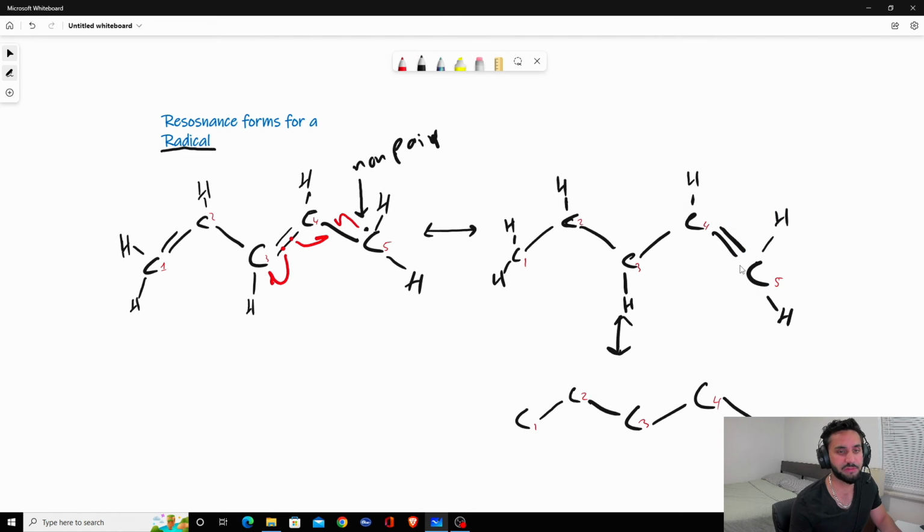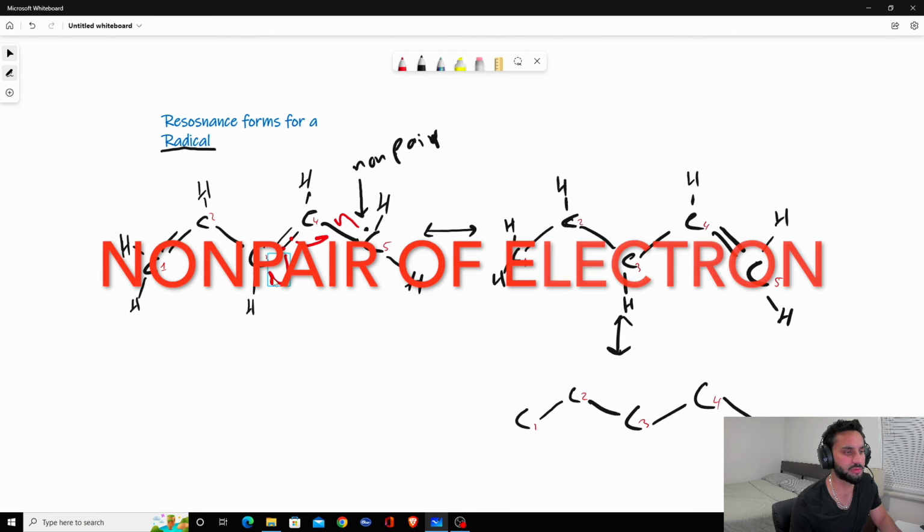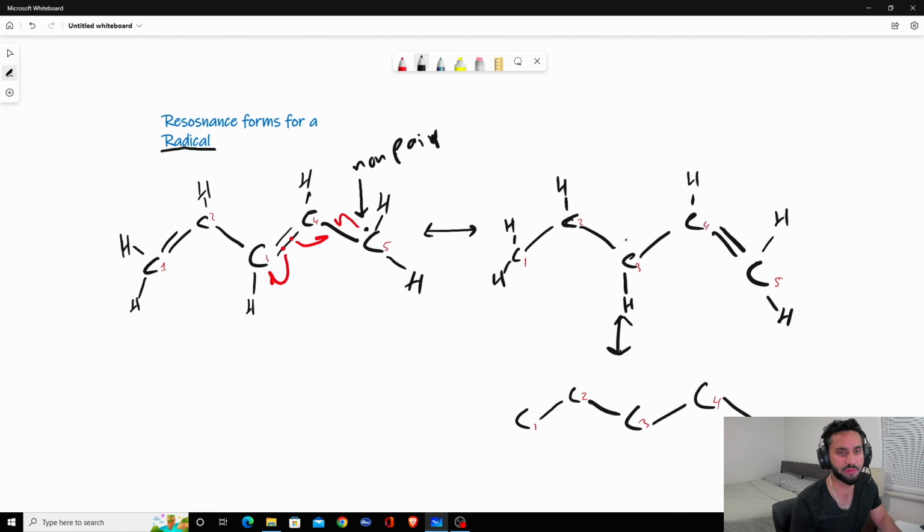On the C3 carbon, we took this non-bonding electron and gave it to C3, so we have to show that with a dot. That's 1 electron, and the C1 and C2 pi system we did not touch, so we'll keep that as it is.